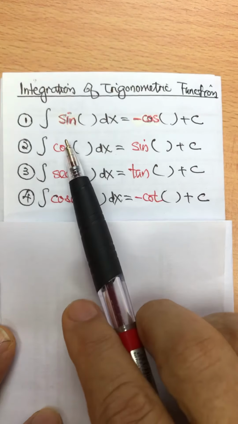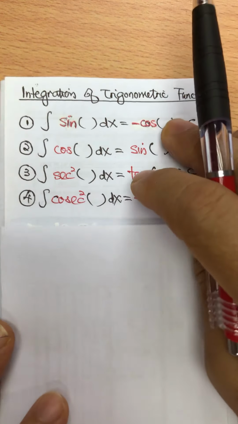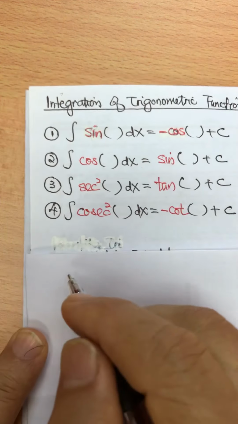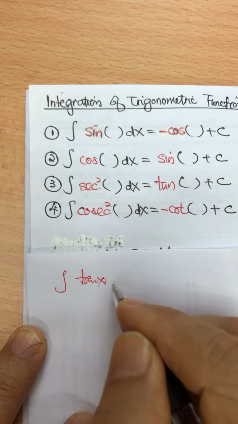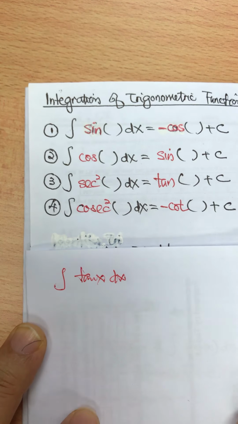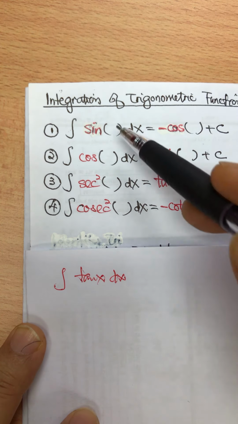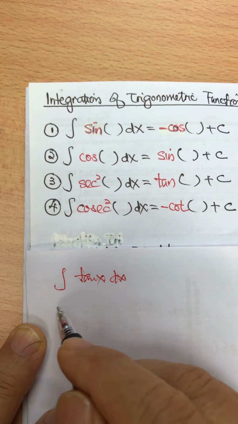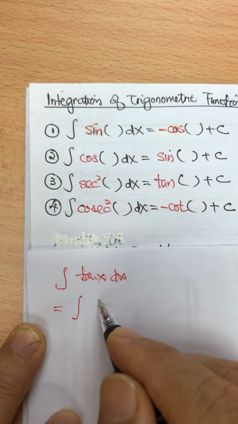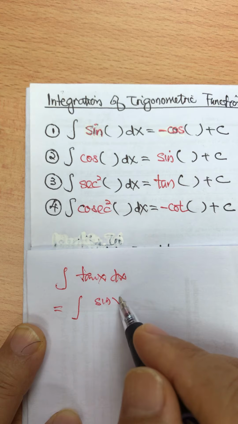So what happens is, if I want to integrate tangent x, how to integrate tangent? Because tangent is not here, we have sine, cos only, we don't have tangent. So if you want to integrate tangent, you have to use identity.